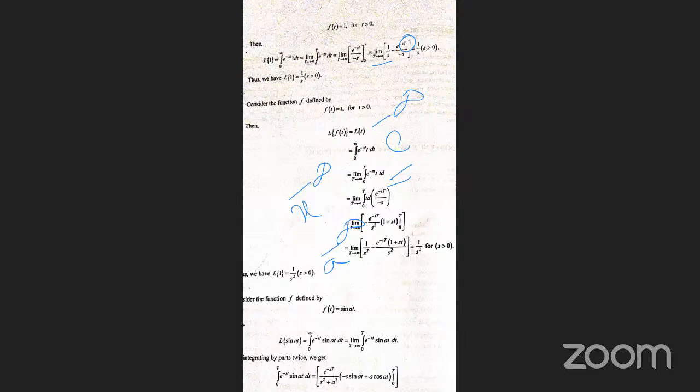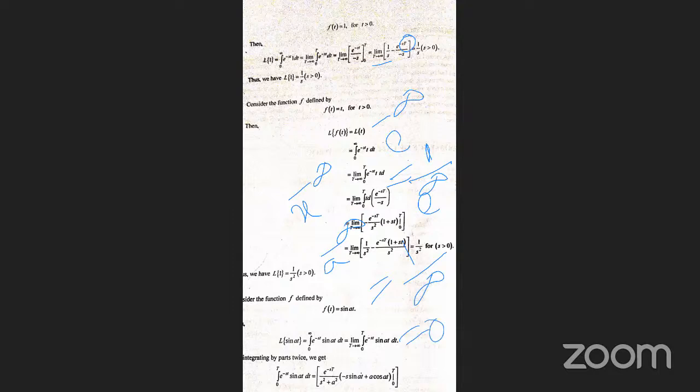Why? Because e power of minus infinity we can write as 1 by e power of infinity, and e power of infinity we can always write as infinity. Then 1 by infinity is 0.